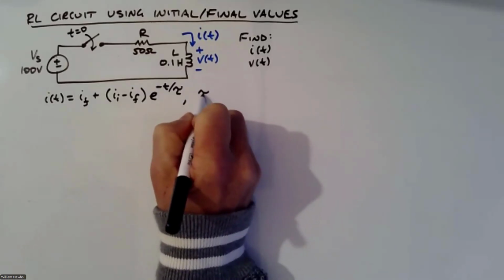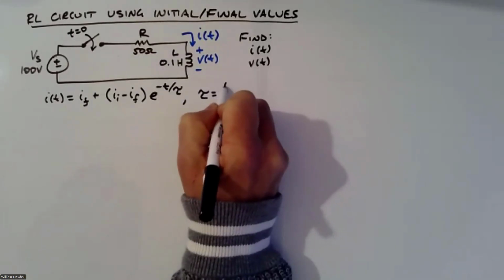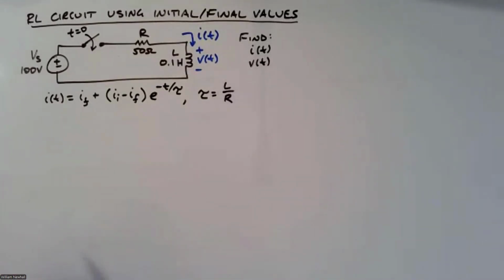And we know from what I told you that tau is equal to L over R.